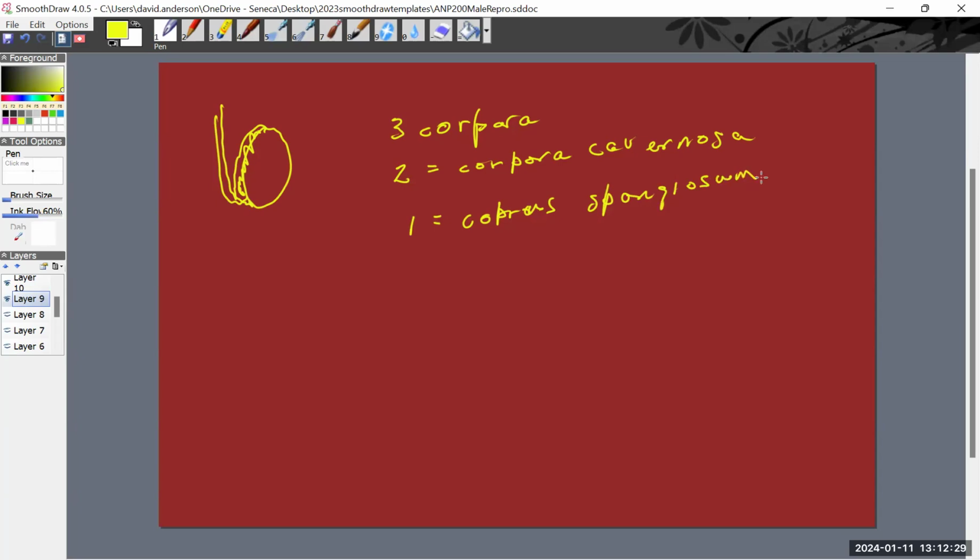So this is significant because the corpus spongiosum is going to contain the urethra. So if this represents the urethra, the chamber, the corpus spongiosum, is located and surrounds the urethra.